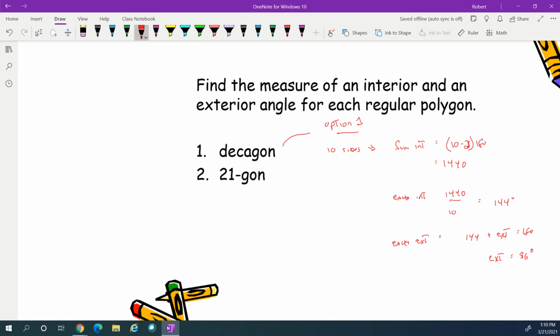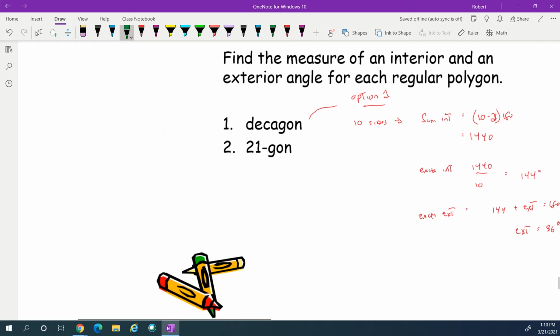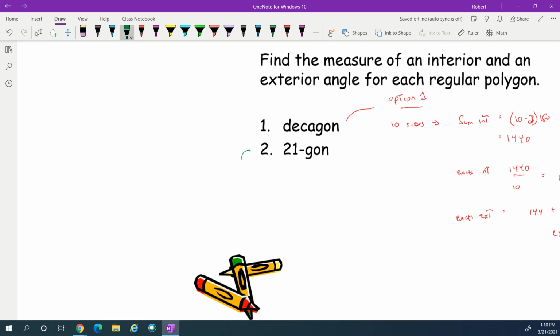We can follow option 2. Instead of going for the sum of the interior, we can work with the sum of the exterior, because we already know it's 360. So that means for each exterior angle we divide by the number of angles.